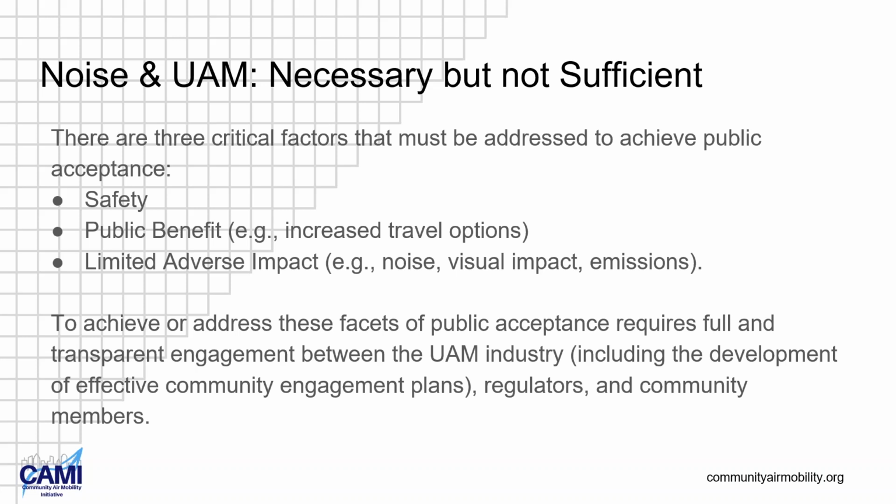And finally, the third critical factor is limited adverse impact. Here again is where you see noise, also visual impact and emissions. So to achieve public acceptance on all 3 of these issues, we need full and transparent engagement between the UAM industry, the regulators, and community members.